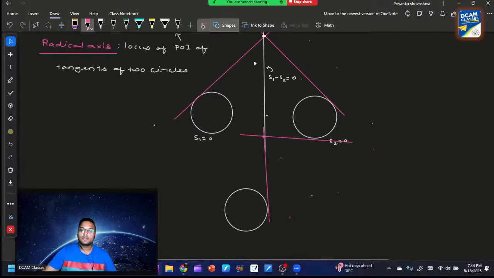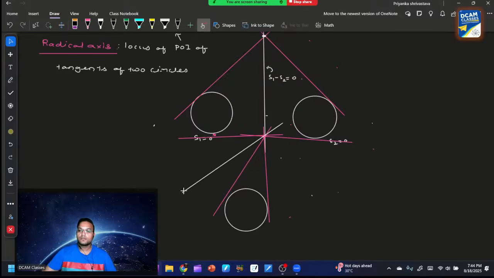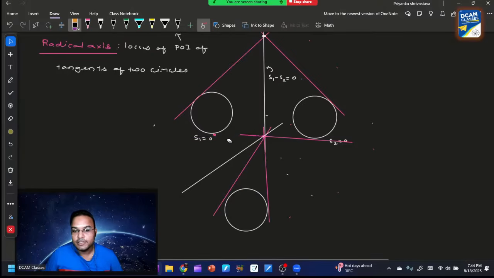It's not necessary that these tangents will intersect like this.